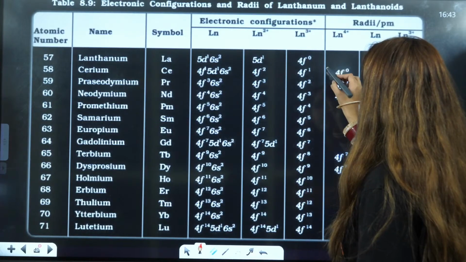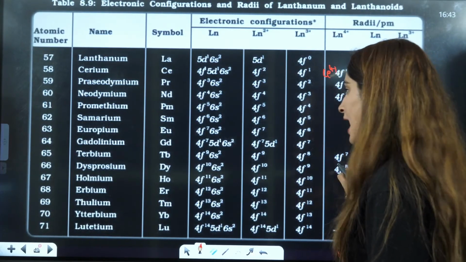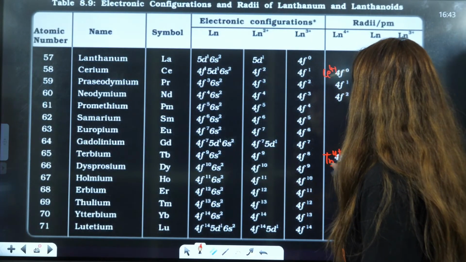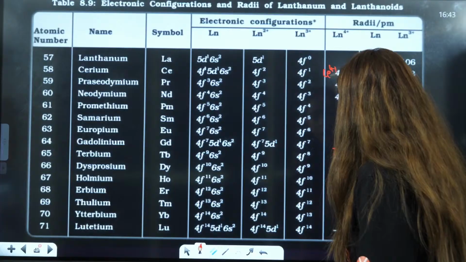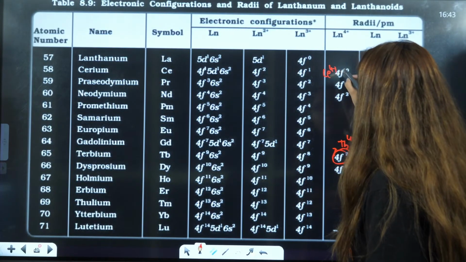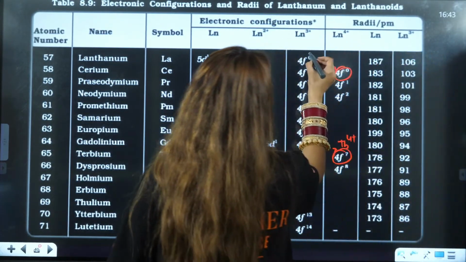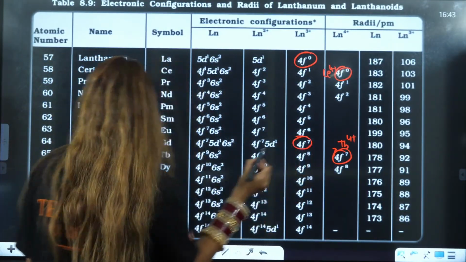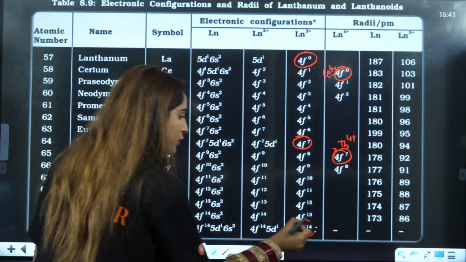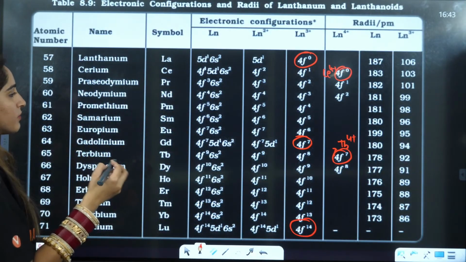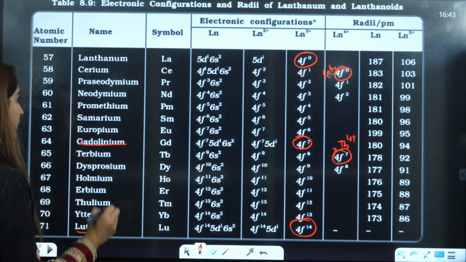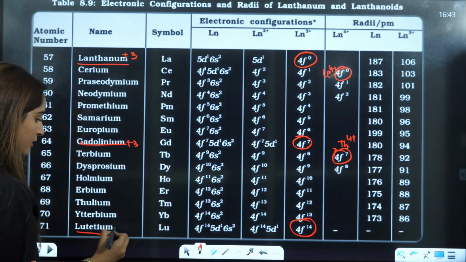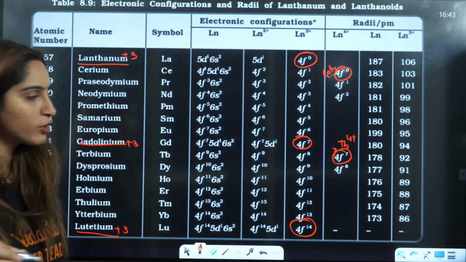Here you can just write cerium 4 positive, and this is terbium 4 positive. That is half filled. Okay. So these two are important for you. Next is in 3 positive state, you have lanthanum, you have gadolinium, right? Then you have lutetium. Okay. Lanthanum, gadolinium, lutetium. This is in +3 state, which is having half filled or fully filled.